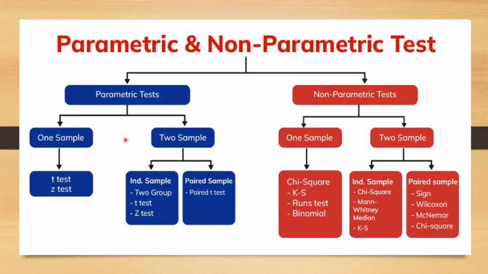Now, the next type of parametric test or category is the 2 sample. When you are dealing with 2 samples, what categories can you have? You can have independent sample, you can have dependent sample, the one we call paired sample. I've told you what independent sample is. You are having 2 separate groups.